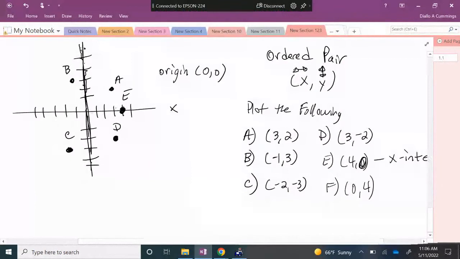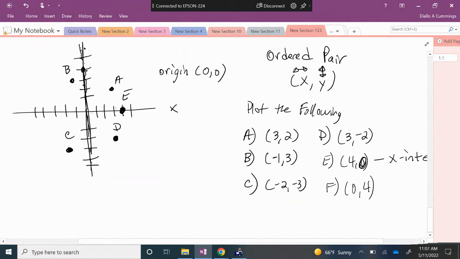And for our last point F, we have (0, 4). So again, I'm at the origin. Since my horizontal component is 0, that means I'm not going to move to the left and I'm not going to move to the right. I'm going to stay on the axis.